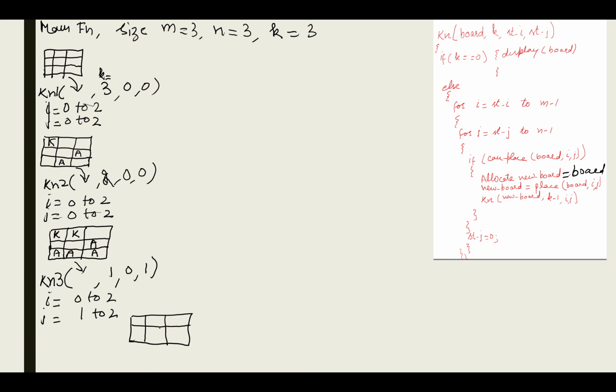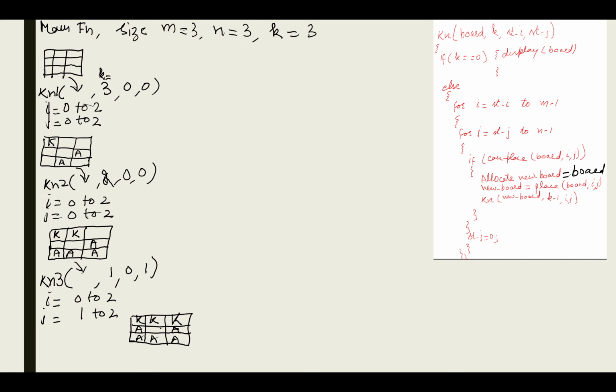We copy all the previous positions. All the attacking positions are also copied. And now we can place the third knight, and its new attacking positions are also marked.